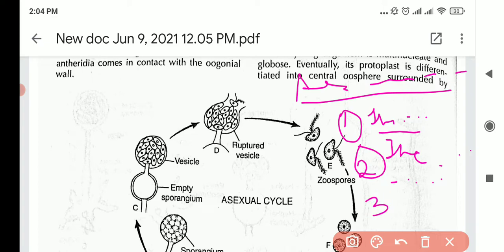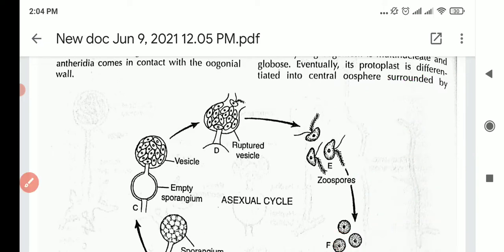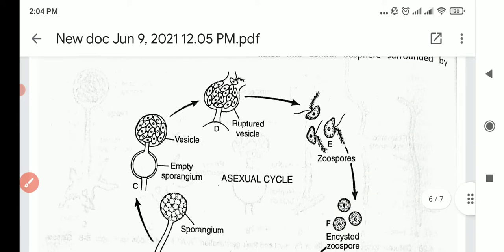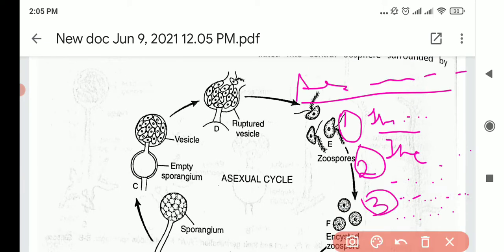Then number 3 you write, the zoospores will mature and develop flagella from the concave part of their structure. Then point number 4, the vesicle ruptures to release the zoospores.